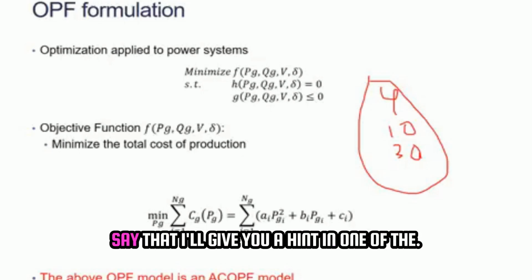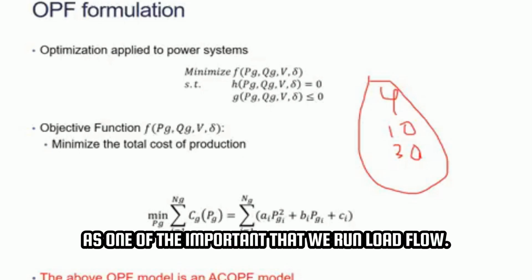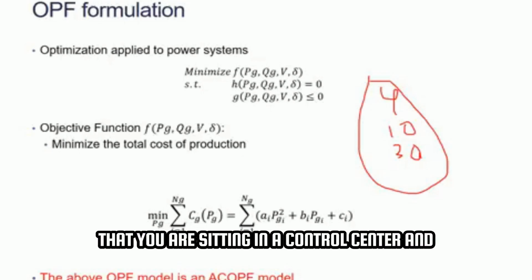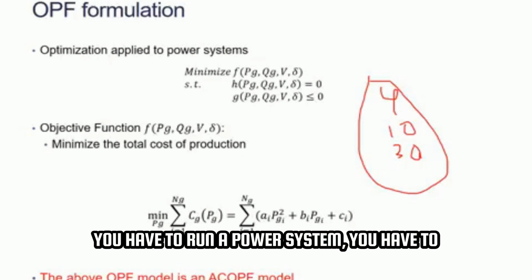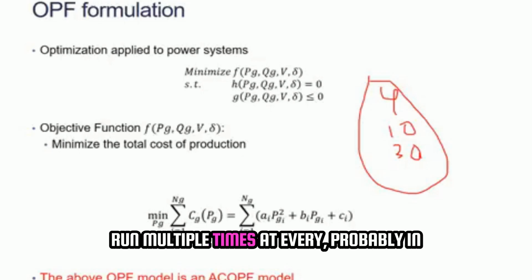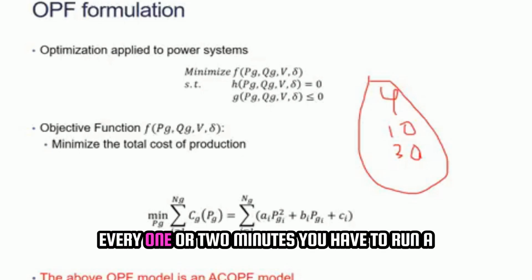I'll give you a hint. As one of the importances, we run load flow, and obviously to run a power system, assuming that you are sitting in a control center, you have to run load flow multiple times, probably every 1 or 2 minutes.